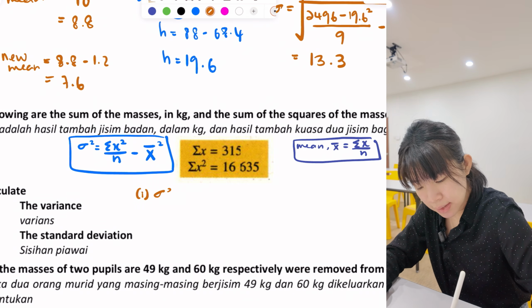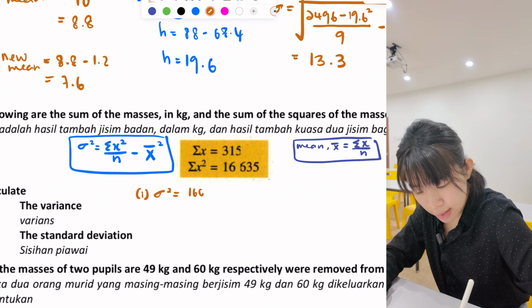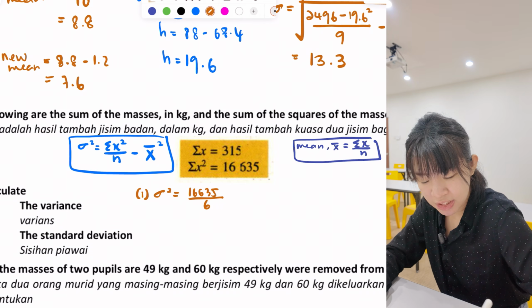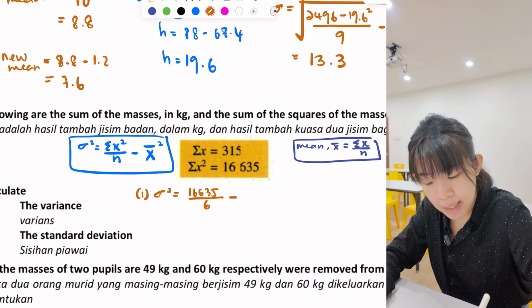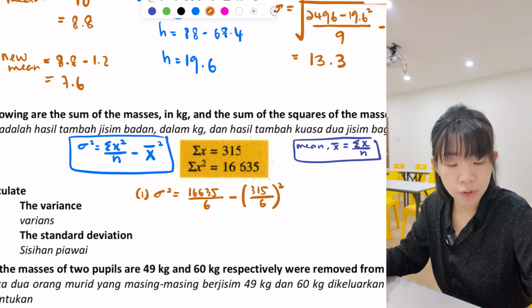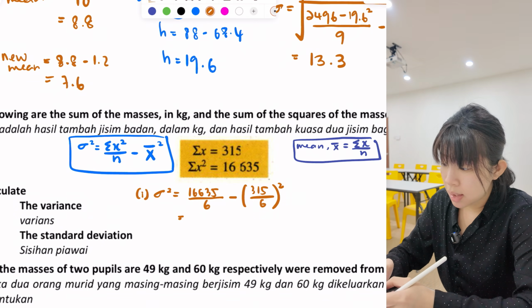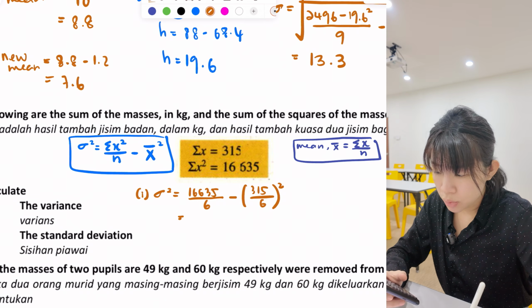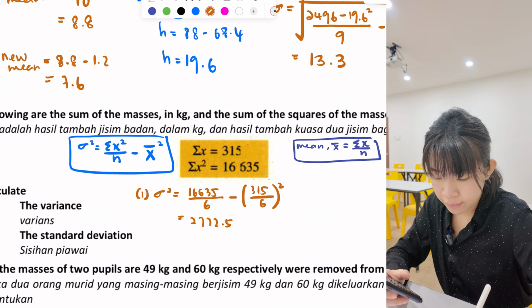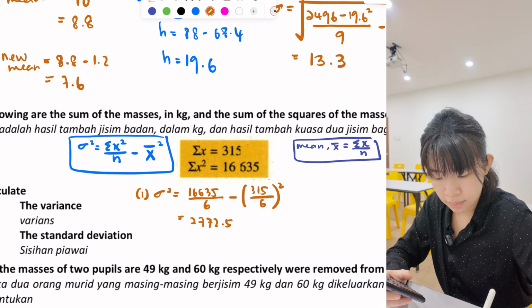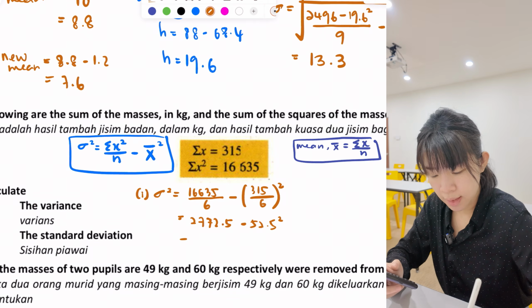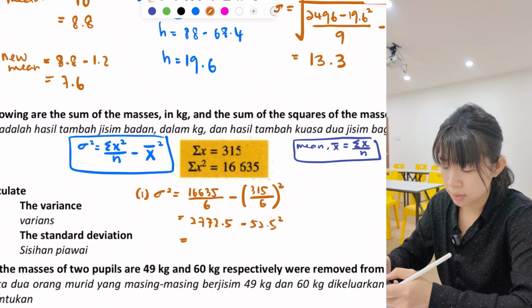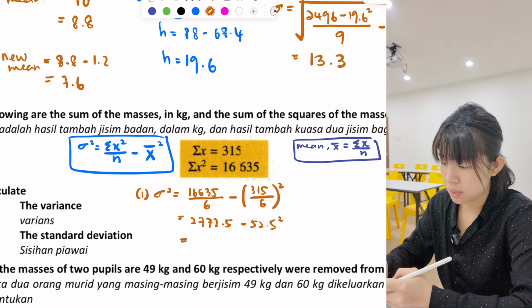Now put everything in. Variance: sum of x squared, 16,635, divided by n, which is 6, minus mean square. Mean is 315 divided by 6, in brackets, then square, so make sure the square is put outside. 16,635 divided by 6 gives 2,772.5, minus 52.5 square. Now you can key in to get the final answer, 16.25.